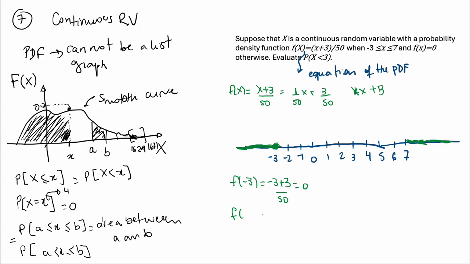And if I evaluate at 7, this will be (7 + 3)/50, which is 10/50, or 1/5. So my curve has a value of 1/5 when x is 7. Because it's a line, it has to pass through both of these points, so it's this line here.